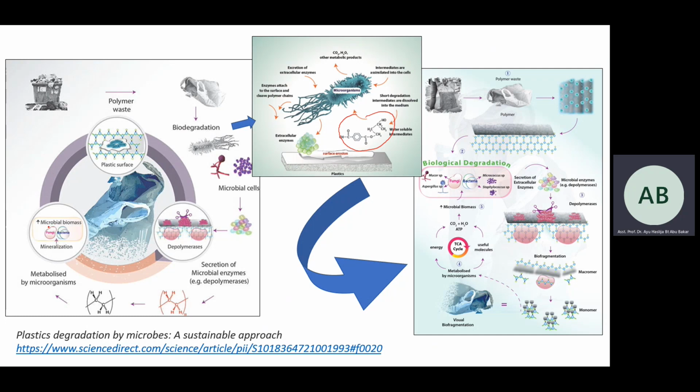Biomass here means the waste of the microbes. So this is a more detailed process showing the fragmentation of the polymers into macromers, then into monomers, absorbed by the microbes, producing CO2, H2O, and energy. ATP is the energy.